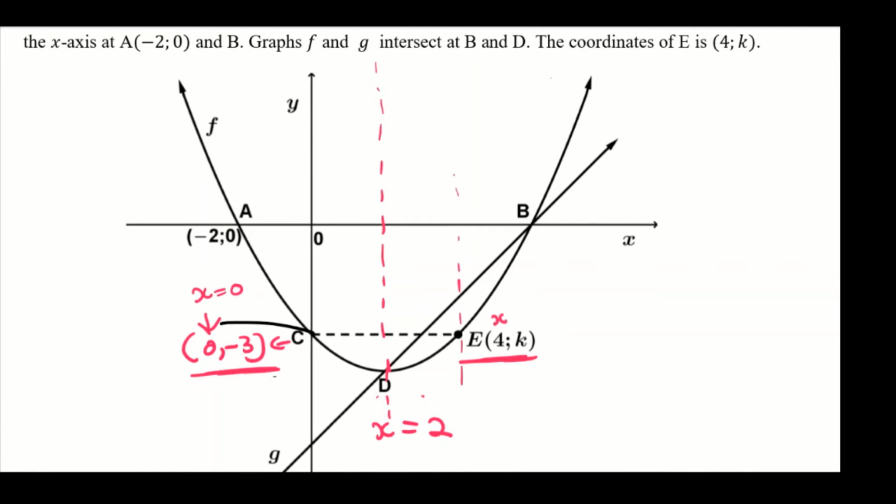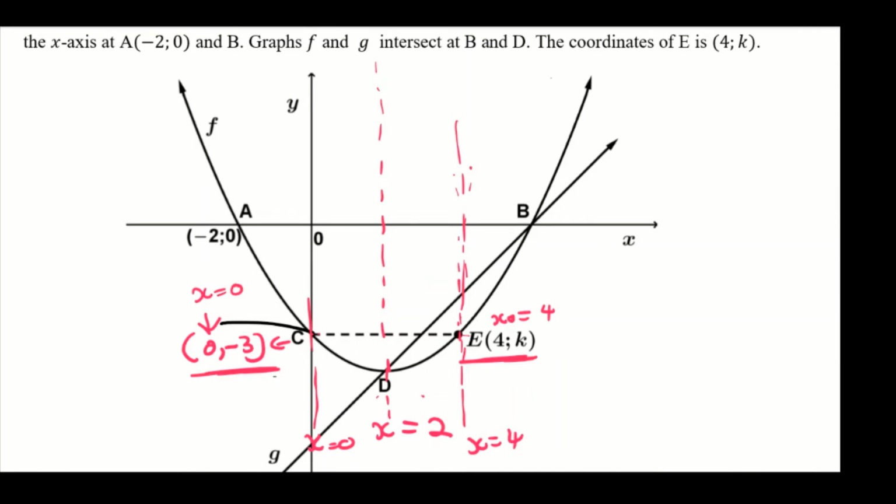So it was 0 from C, but it's going to be 4 units. So the only change here is the x values, right? Because it's moving in a horizontal form. So only the x values are changing. x was equals to 0 here, and now x is equals to 4 here.